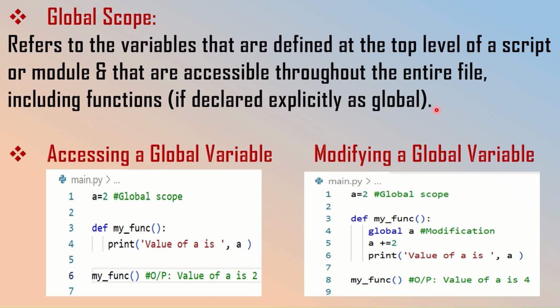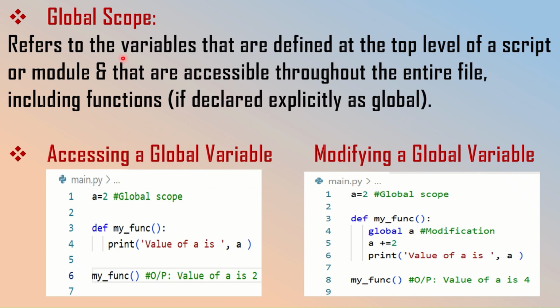That means whatever variables we define at the start of our program can be called global variables, and we can access those variables anywhere in the program. In order to access them in functions, we first need to declare those variables with the help of the global keyword, and then we can access as well as modify them.